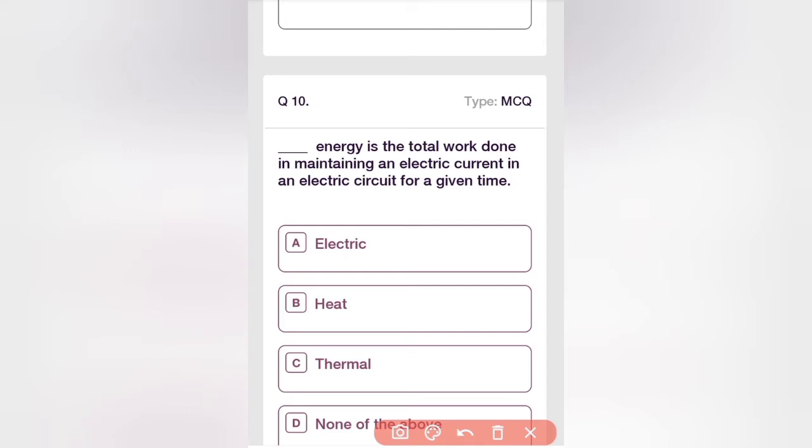That means it is not heat energy, it is not thermal energy, it is not none of the above. It must be option A, electric energy. Electric energy is the one which maintains electric current for a given time.